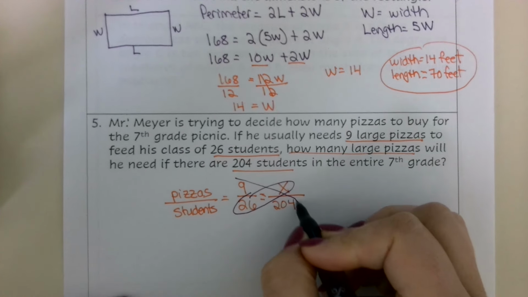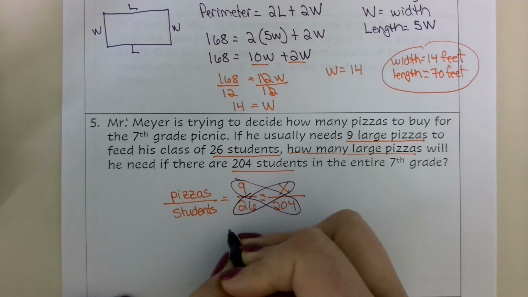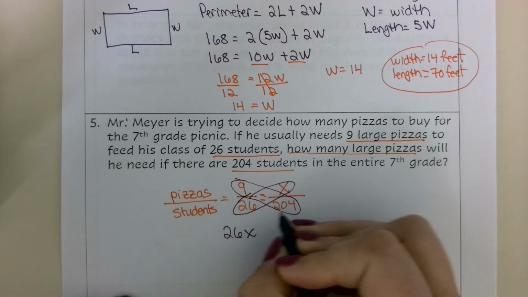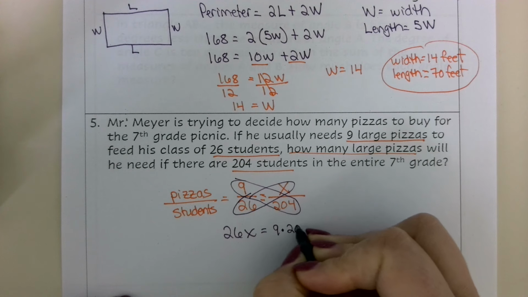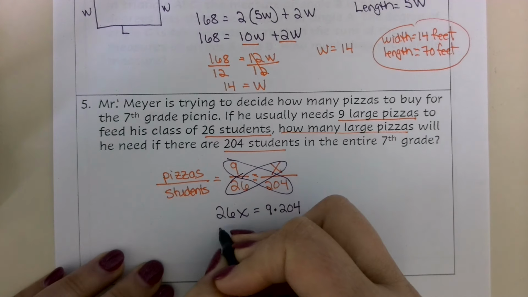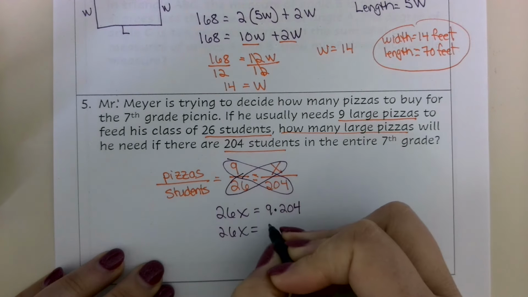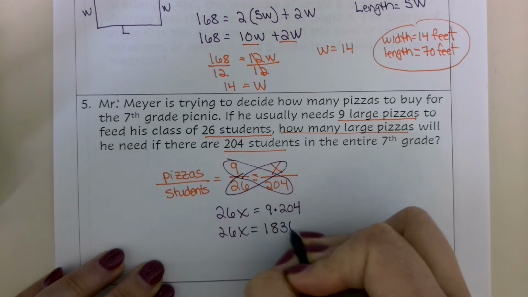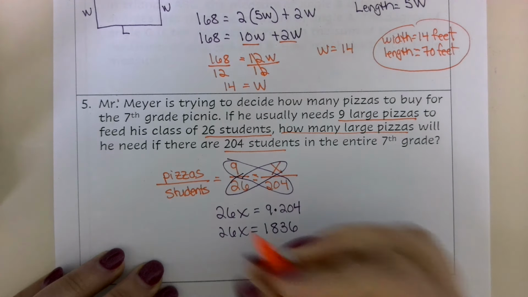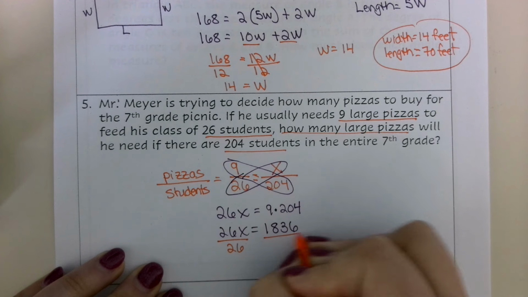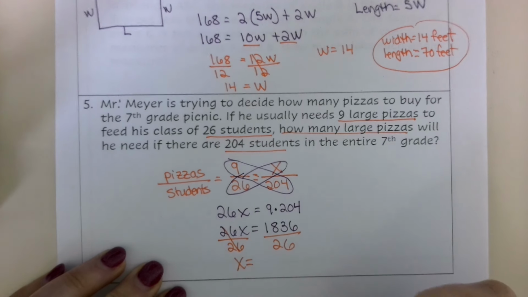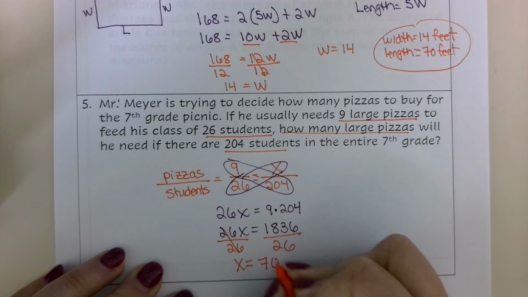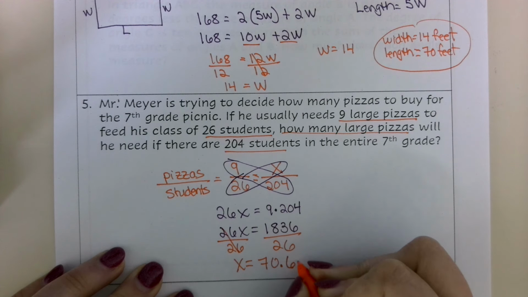I'm going to cross-multiply: 26 times x equals 9 times 204. So 26x equals 1,836. I'm going to divide both sides by 26, and I get x equals a not whole number. I'll just round to the 100th, 70.62.